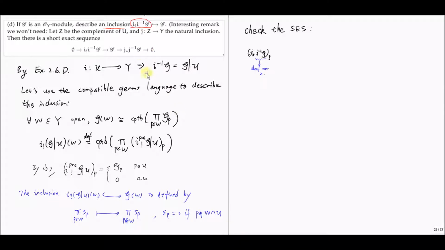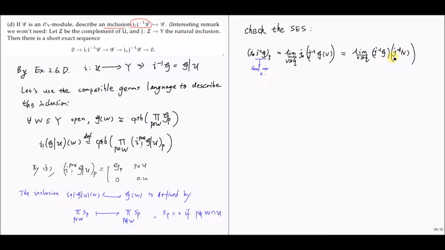Let's first look at the stalk of this one at a point Q. Notice that j^{-1}G is a sheaf over Z. We consider this as a whole, a sheaf over Z. By definition, the stalk at Q is a colimit over V, where V ranges over all open neighborhoods of Q. And now by the definition of the pushforward, we get the colimit of j^{-1}G of j^{-1}(V).